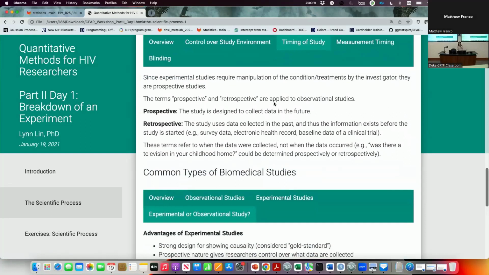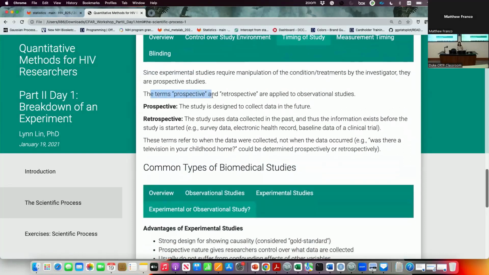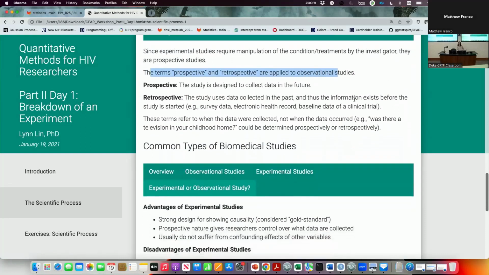And so that's why you see the terms prospective and retrospective apply to observational studies, because in an observational study, you can design a study but you don't do any intervention, so you can have prospective observational studies as well. So this timing only applies to observational studies.